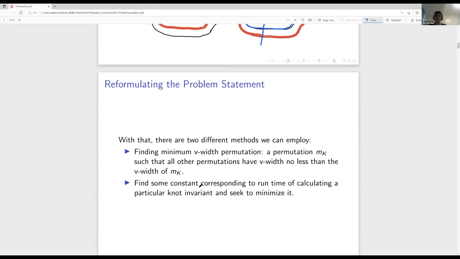The motivation of such constants appearing is that when we calculate knot invariants, we're usually looking at bigger knots, and we really cannot repeat this process of finding the minimum virtual width by looking at every single crossing permutation.